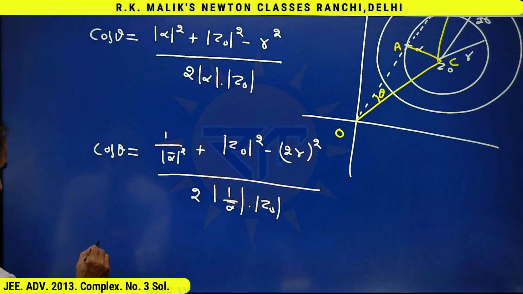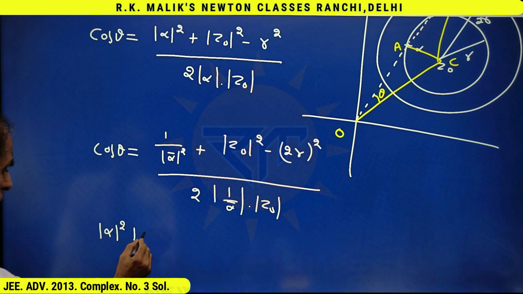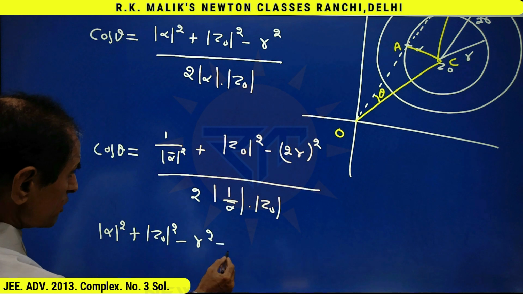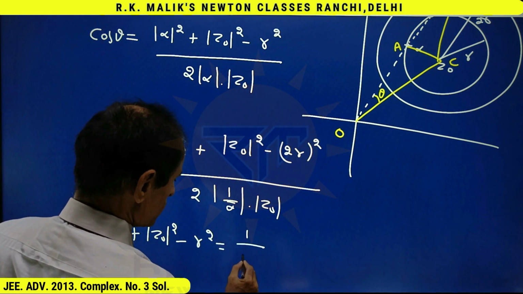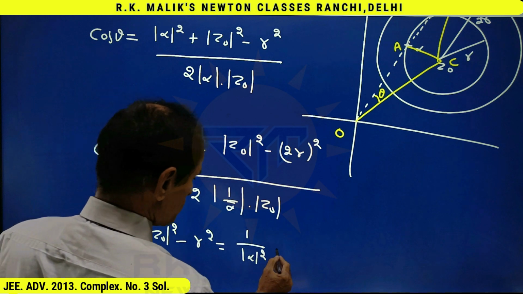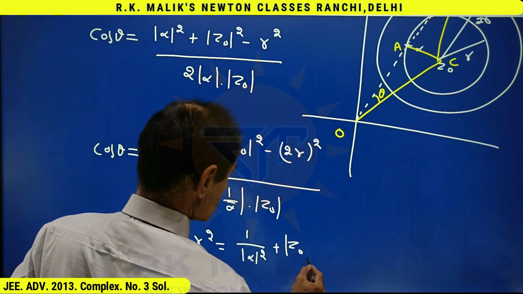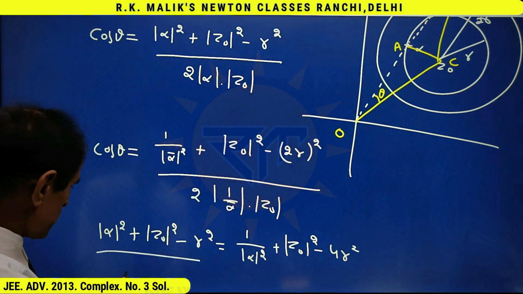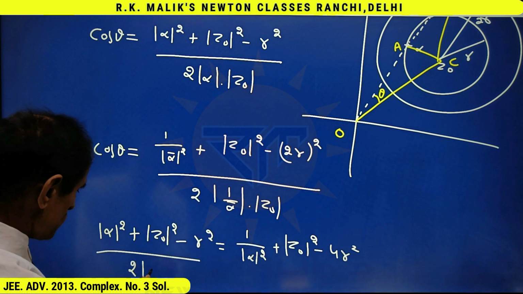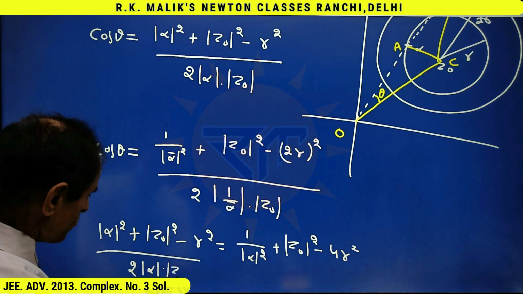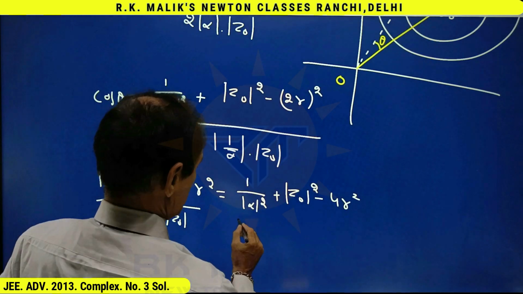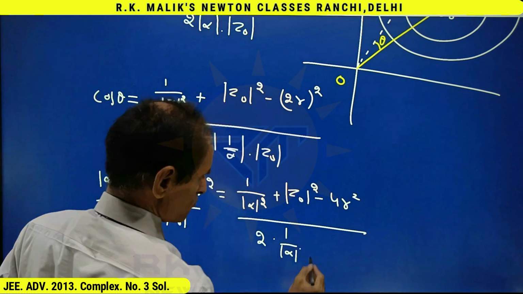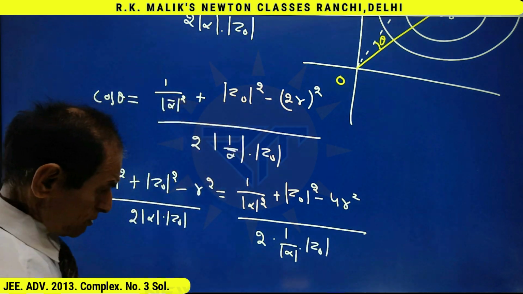I get mod alpha square plus mod z0 square minus r square equal to 1 by mod alpha square plus mod z0 square minus 4r square, and here 2 into mod alpha into mod of z0 is there, and here 2 into 1 by mod alpha into mod z0 will be here.